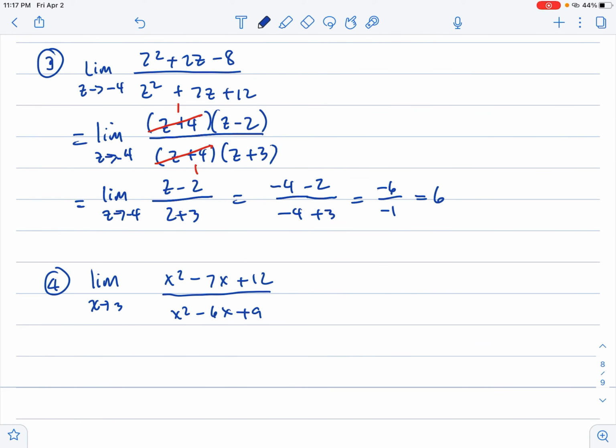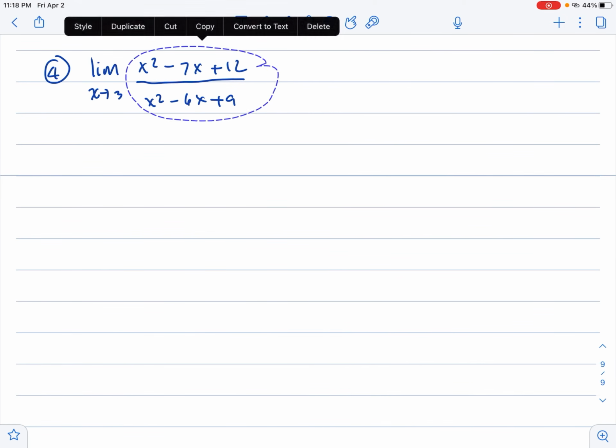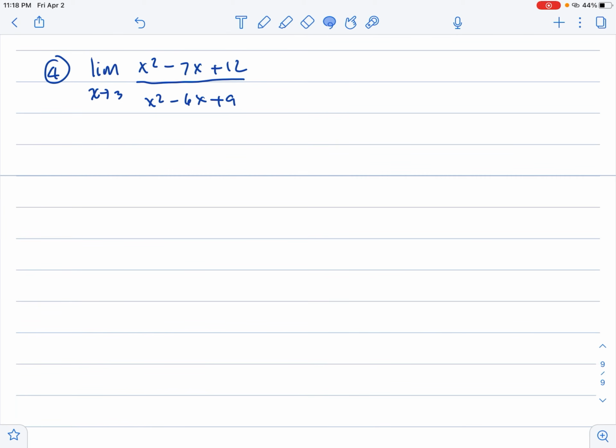Okay, so the limit of z squared plus 2z minus 8 divided by z squared plus 7z plus 12 as z approaches negative 4 is equal to 6. Check natin yung number 4. The limit as x approaches 3 of x squared minus 7x plus 12 divided by x squared minus 6x plus 9.